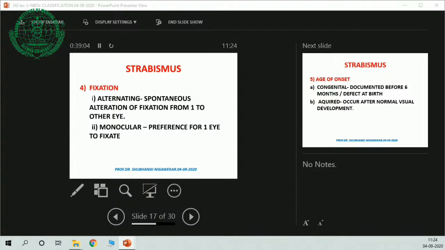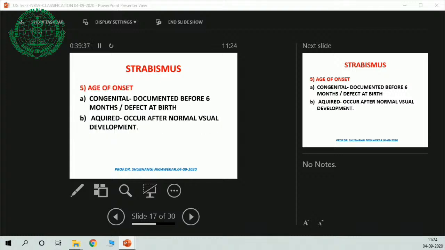So there is no relation of squint to vision in paralytic squint. In paralytic squint there will be good vision, but in concomitant, non-paralytic squint, usually the sensory phenomenon, that is the visual acuity, is hampered. Whenever there is a tropia, you are supposed to test the vision, and there has to be some correlation of less vision in the tropic eye. So this is the slide. I think we should go to the next slide.